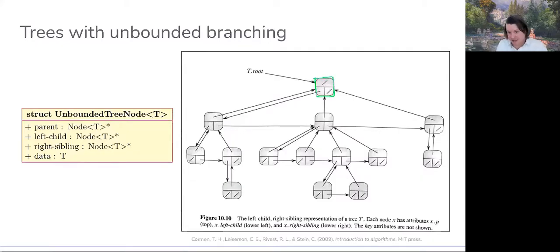Well, we can only access the left child, so we can move down to here. Okay, cool. So how do we access the rest of the children that belong to the root? Well, we simply follow these sibling pointers to hop over, and we can access the next child of root.